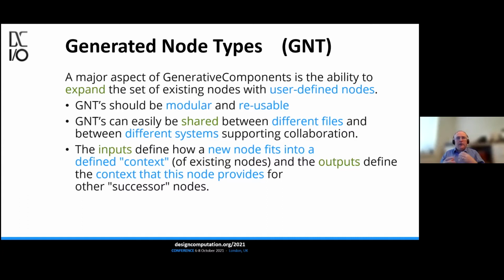And this is where generated node types can come in, because you can encapsulate a construction of some kind or an activity of some kind, and then package it and make it available to one or more users on different systems.